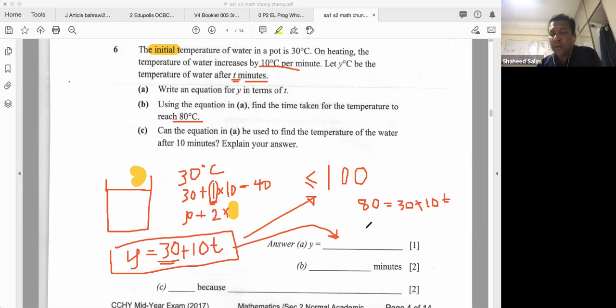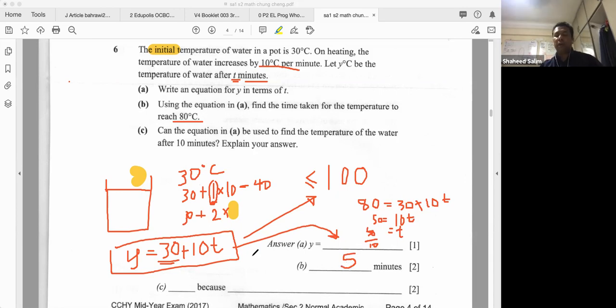So I bring this over, 80 minus 30, 50. 10T equals to 50. T equals to 5. You divide, 50 divided by 10. So T equals to 5 minutes.